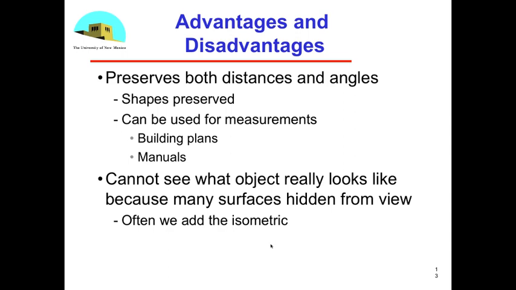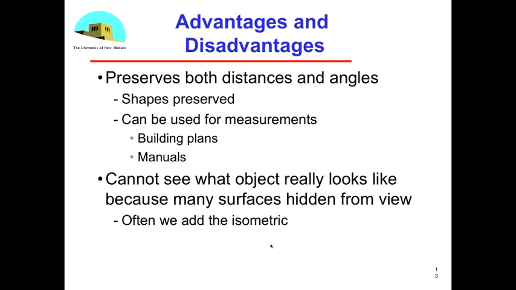Now, if we want to see more principal faces of this box-like object, then I'm going to remove the restriction that the projection plane has to be parallel to one of the principal faces. I'm still going to keep the projectors orthogonal to that plane. I'll release that restriction in the next example.